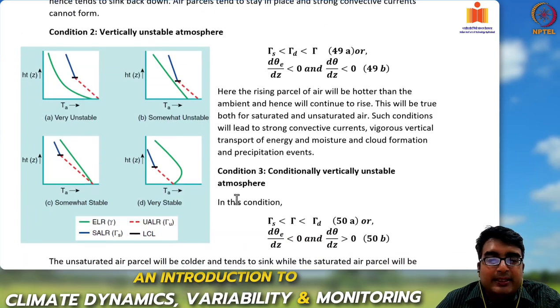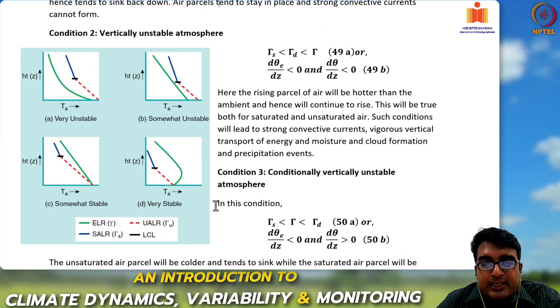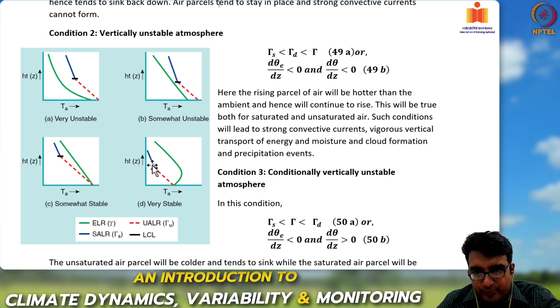Okay. This is shown in this figure here, figure D. The green line is the environmental lapse rate, ELR. The dotted red line is the unsaturated adiabatic lapse rate. The solid blue line is the saturated adiabatic lapse rate. Okay.